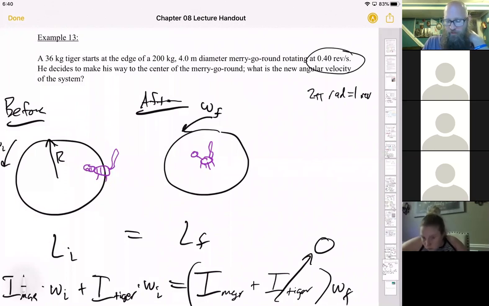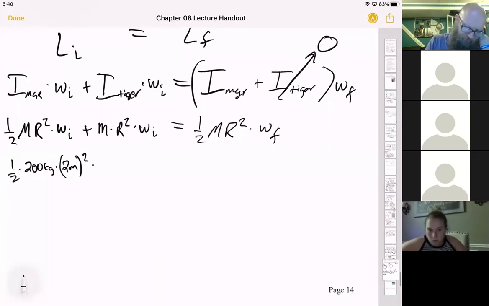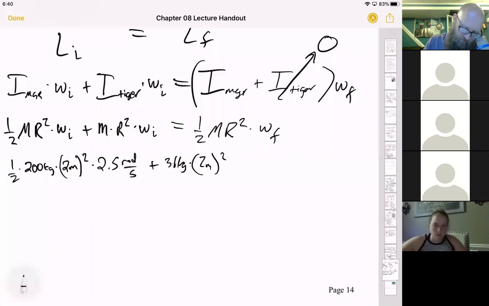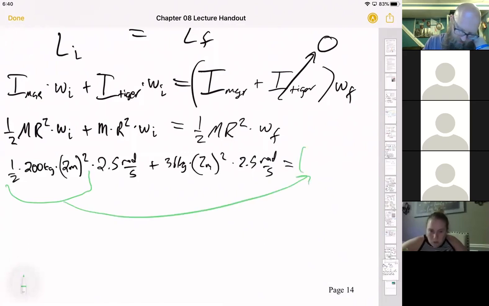So I'm just going to multiply by 2 pi. So that's 2 pi times 0.4, which is about 2.5 radians per second, plus 36 kilograms times 2 meters squared times 2.5 radians per second equals the same merry-go-round number again times omega final. Because the merry-go-round didn't change. So if you solve for omega final, you get 3.4 radians per second.